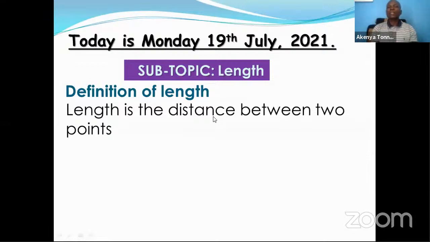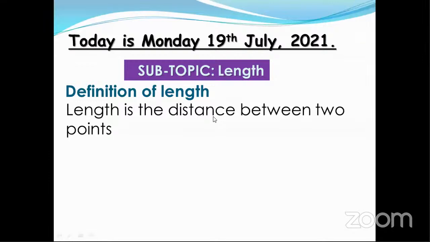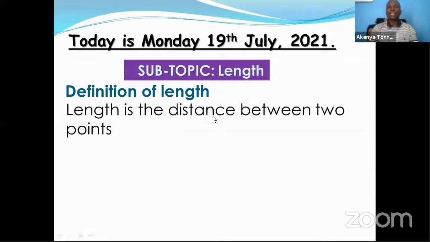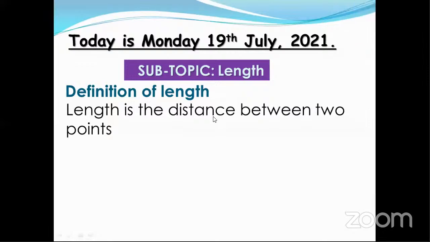If you are inside your living room, what is the distance from your living room, your sitting room, to your kitchen? You will find that there is a distance that you have to move to reach there. So that's what we call length. Some people say it is the distance between 2 fixed points.